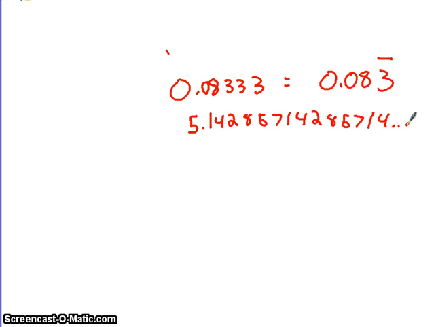What part repeats? Well, the whole thing, 142857, is what's repeating, so you write the number with the repetend over the whole 142857, that whole part that goes on forever.